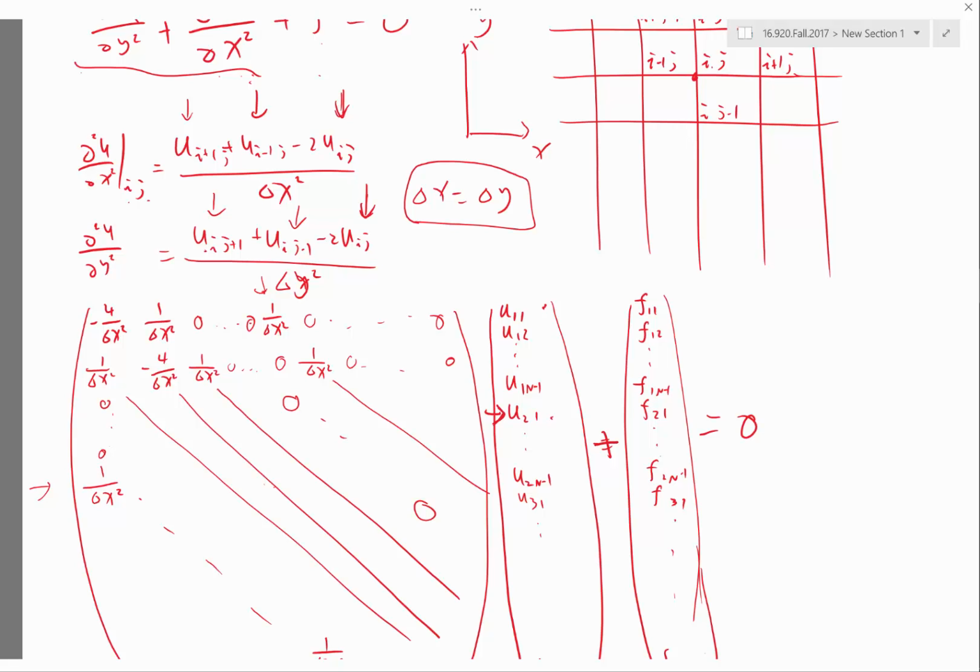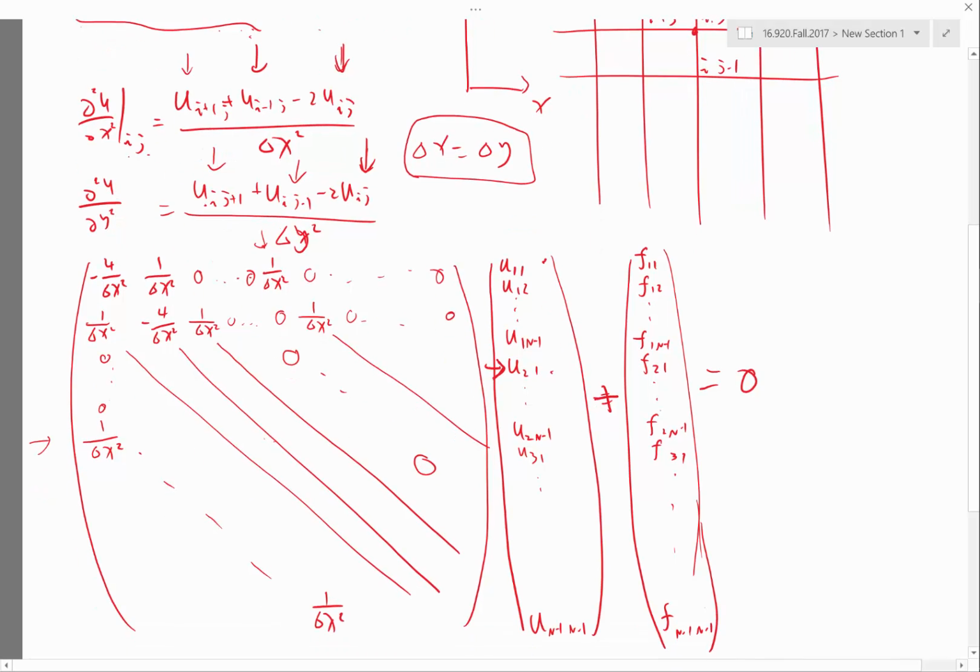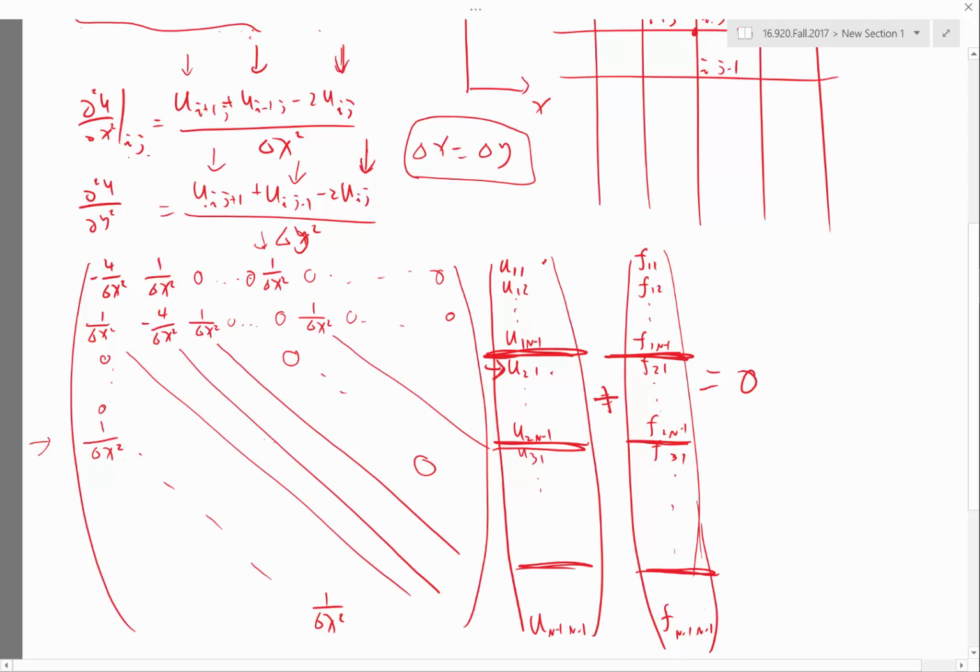Another way to look at the matrix is that it can be split into blocks. So let's split the vector and right-hand side into blocks. The first block is going to be the i equal to 1 block. The second block is the i equal to 2 block, and so on. The last block is going to be the i equal to n minus 1 block. If I pair every block in U and every block in F, I would be looking at one particular block in the matrix, right?